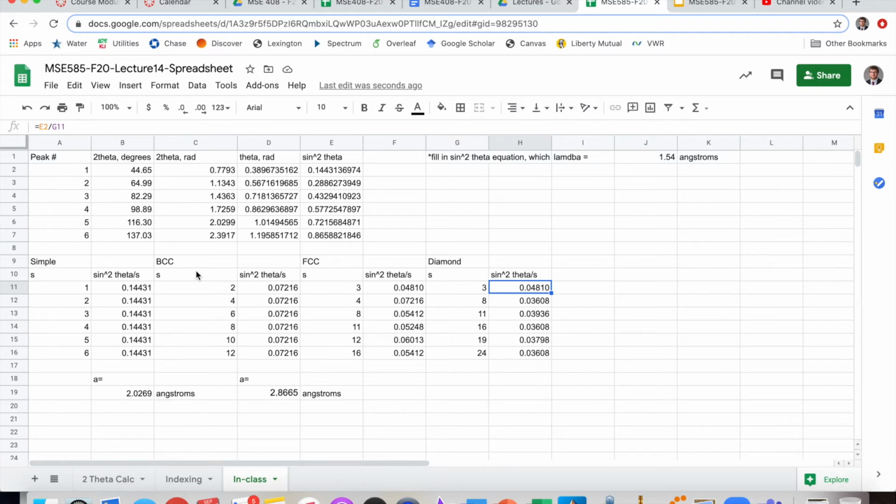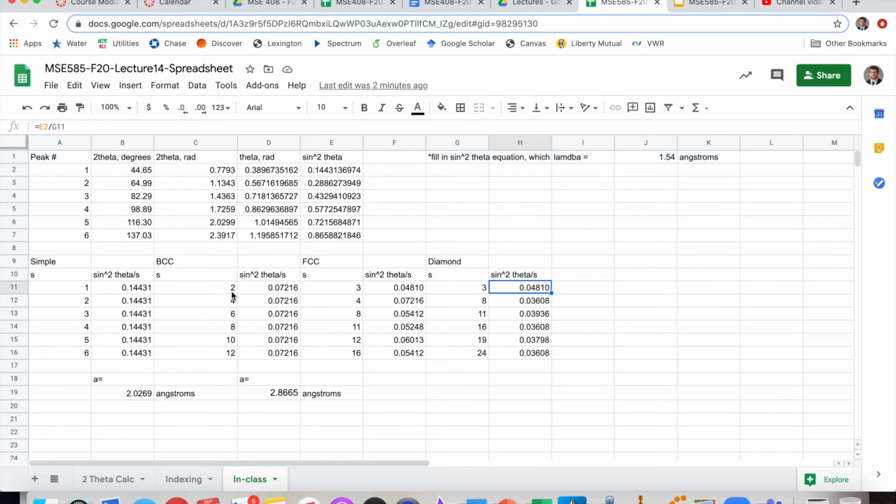And I wanted to show you this example because it illustrates a very common problem with simple cubic versus BCC: they look very similar when we look at these values. We can't tell right now if it's simple or BCC because all of these values are the same. So we can just say either or. And the reason for this is the sequence. For simple cubic, we've got 1, 2, 3, 4, 5, 6.